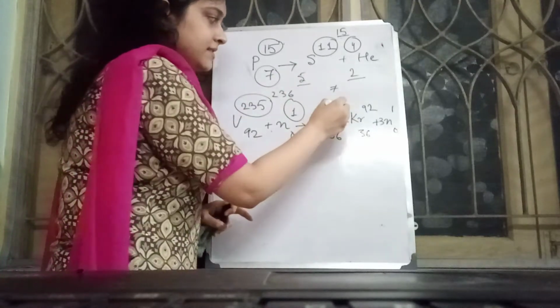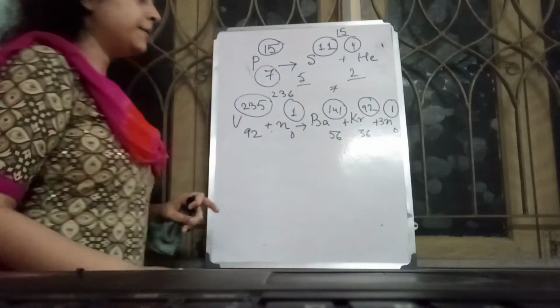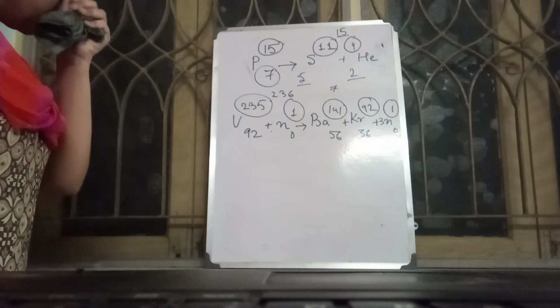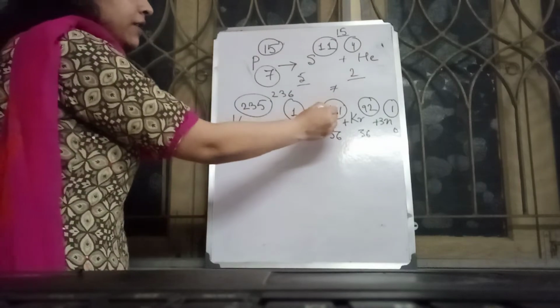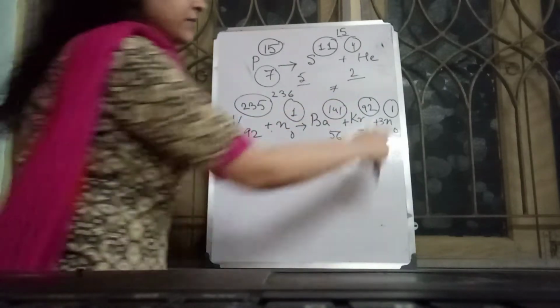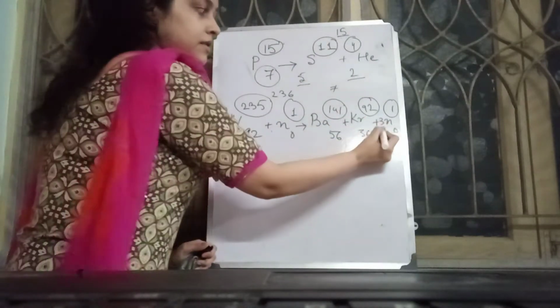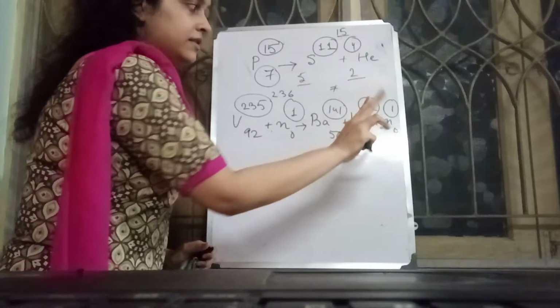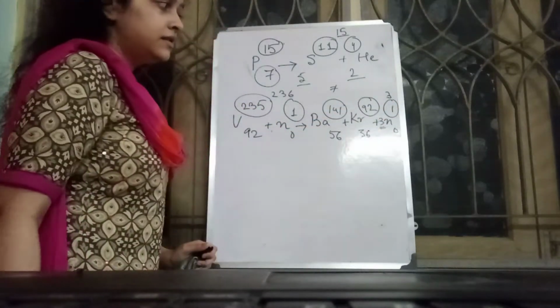What is the total mass number? 141, 92 and 1 neutron, but you have 3 neutrons, not only 1. So here it's actually 3, right?